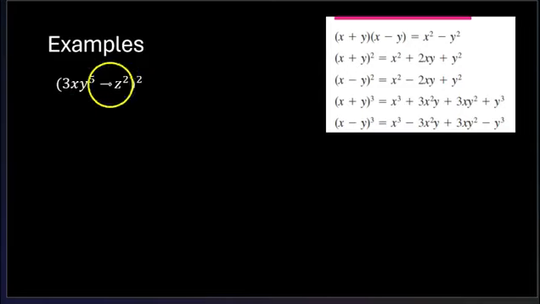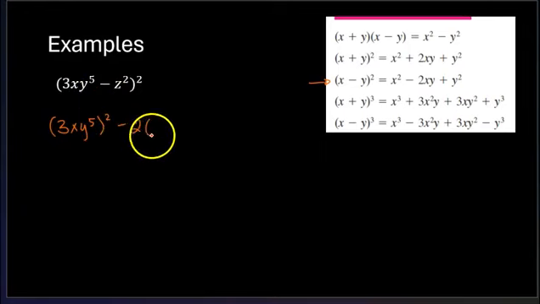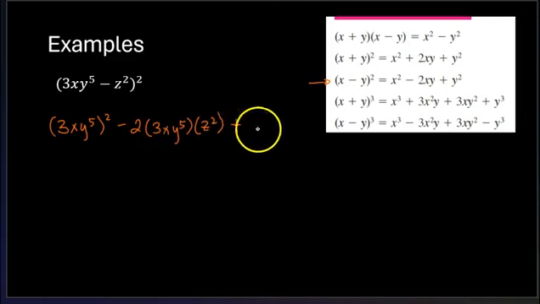Okay, this one will be for the square of a binomial. Here you have two terms. So we square the first term, minus twice the first times the second term, plus the square of the second term. Okay, so there you go.